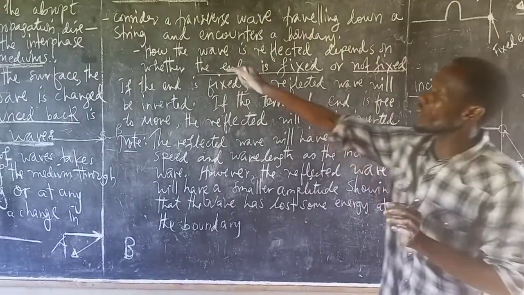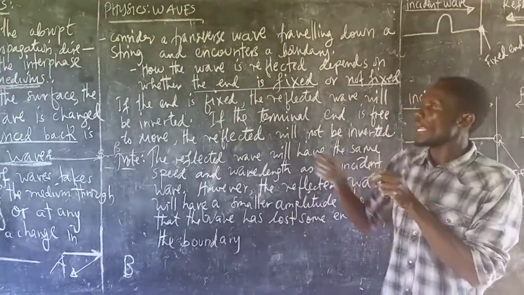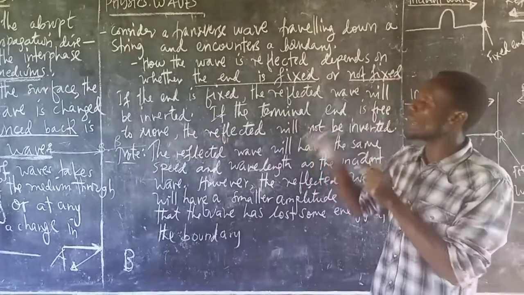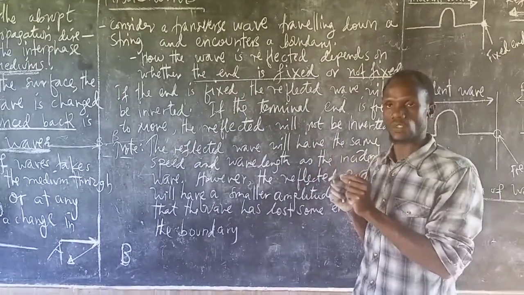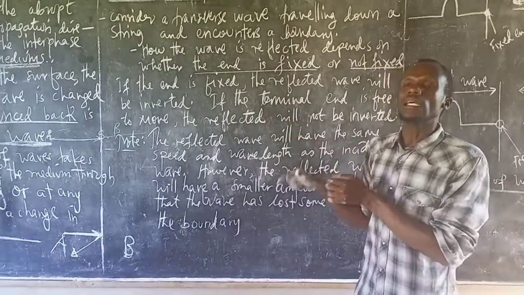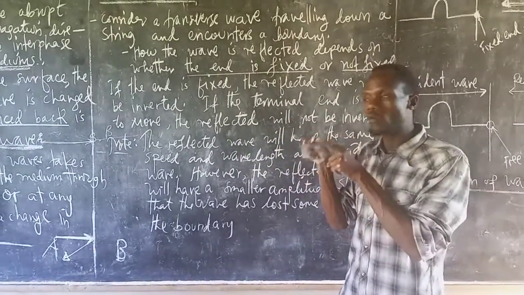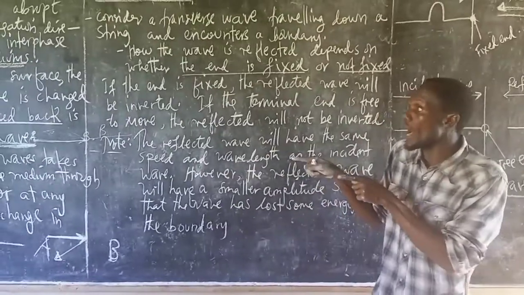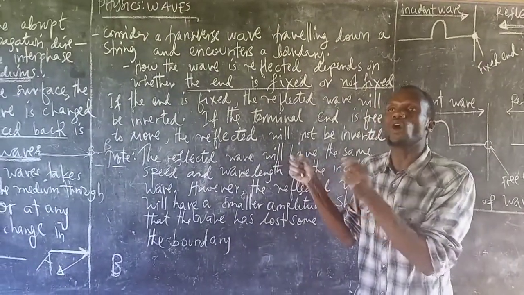Kwa ukiconsider string ambayo ni kamba, hapa kamba either kamba pale mwishoni imekazwa au haijakazwa. Kama kamba iko free to move kwenye end points, reflection inakuwa tofauti na kama end point inakuwa not fixed.